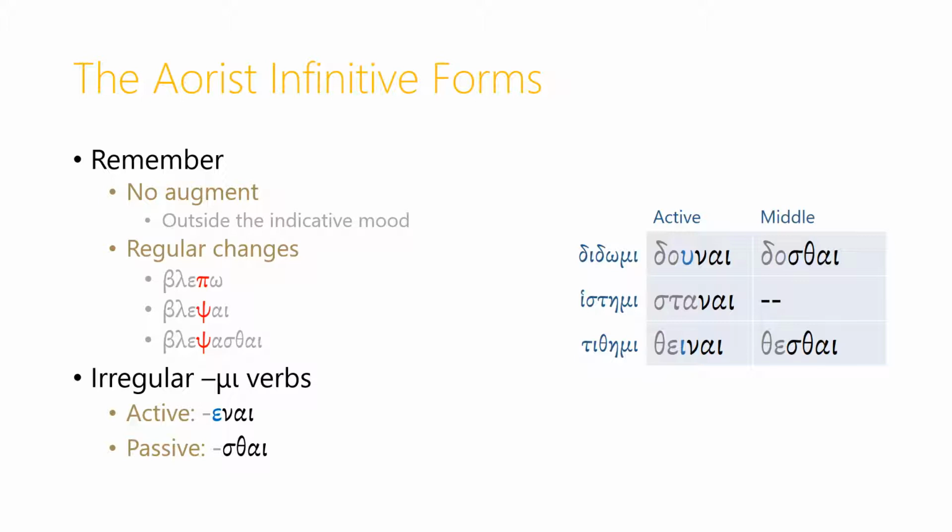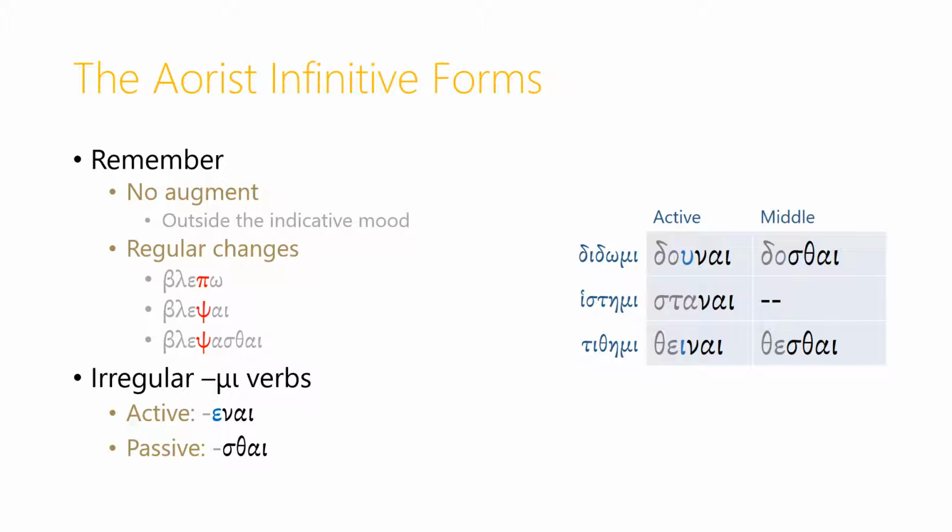And that initial epsilon will often combine in the usual ways with the short vowel at the end of the verb's stem. So if we take didomi, for example, the real stem of didomi is, again, do, delta omicron. When that omicron in do runs up against the epsilon at the beginning of -nai, the two join to become ou, omicron upsilon, and we get dounai.